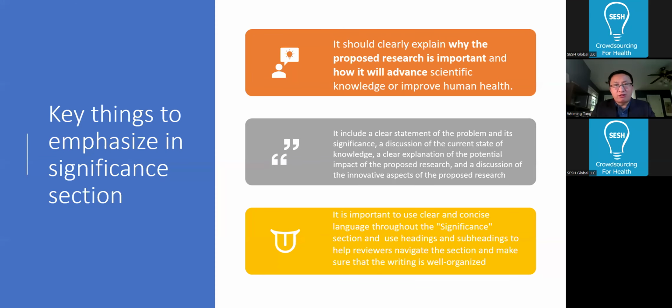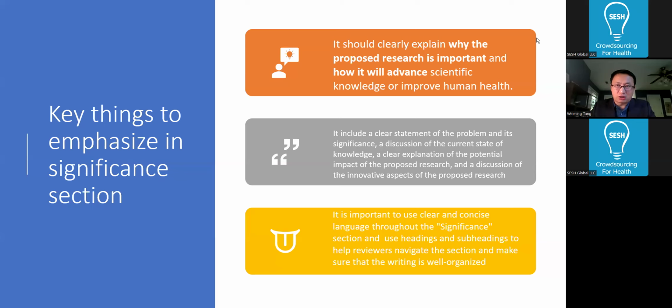So there are a few things that need to be emphasized in the significance section. First, it should very clearly explain why the proposed research is important and how it will advance scientific knowledge or human health. For scientific research, you have to have a meaning, like public health meaning, or advancing knowledge, or improving human health.